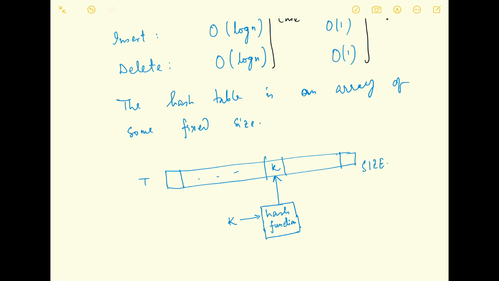So this key K can be anything like an integer or a name, or it comes from the key space, the set of all keys that we want to store in the hash table, and we apply a hash function.